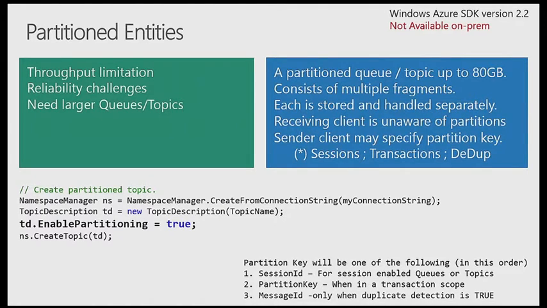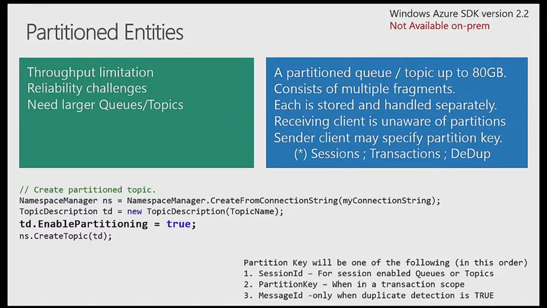The other is to create what we call a partitioned queue or partitioned topic. Think of it as one queue which actually spans across 16 databases. So you have 16 partitions. So the chance that 16 databases will become throttled or unavailable is really low.